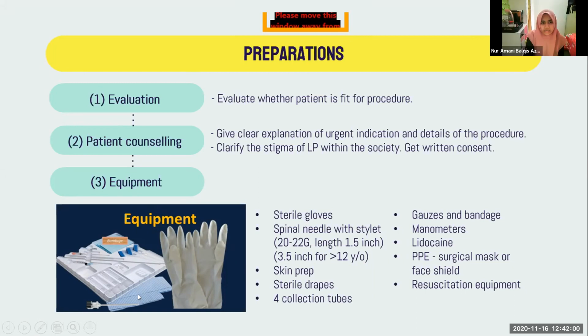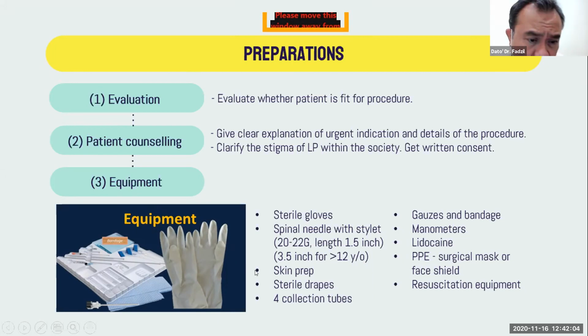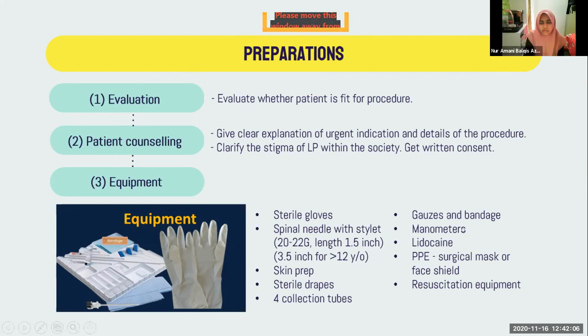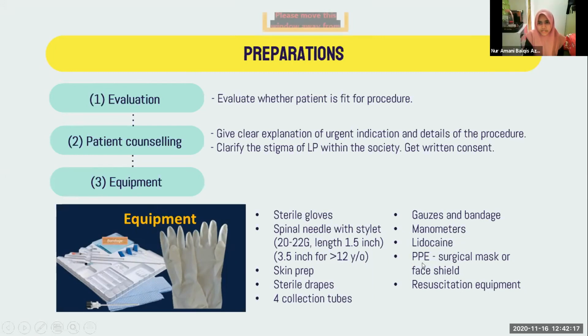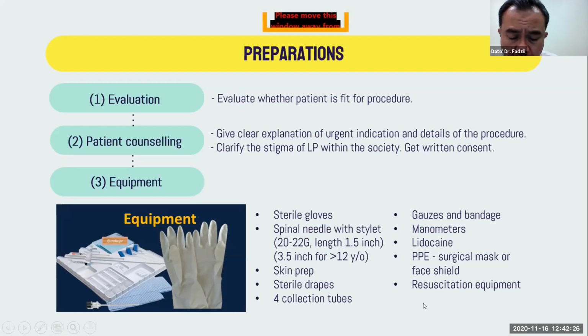And then skin prep, sterile drapes, and 4 collection tubes, gauze and bandage, manometer in certain cases to measure the opening pressure, and also lidocaine, which is a local anesthetic, and also PPE because lumbar puncture should be done in a sterile condition, and also resuscitation equipment because we need to prepare for the worst case scenario if there is suddenly an emergency airway, breathing, or circulation problem. So that's for the equipment.